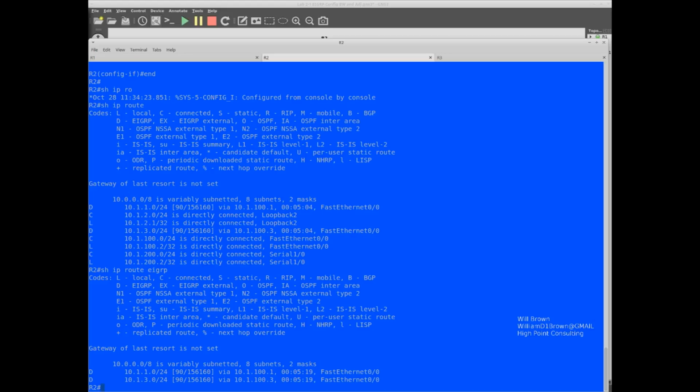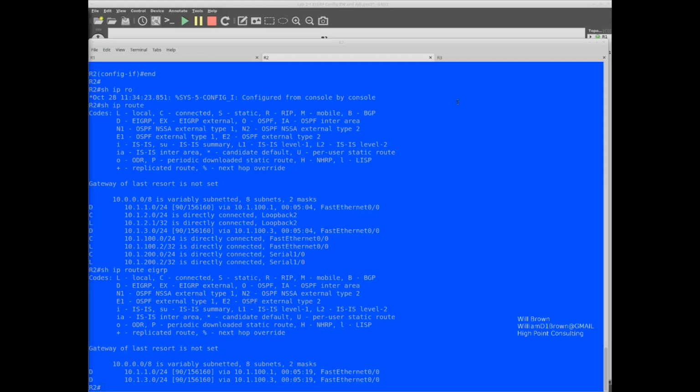So what we actually have to do is put those interfaces in to participate in EIGRP, and right now they are not participating in EIGRP. We'll add those particular networks to the EIGRP process on router 3, and then we'll get them actually participating.